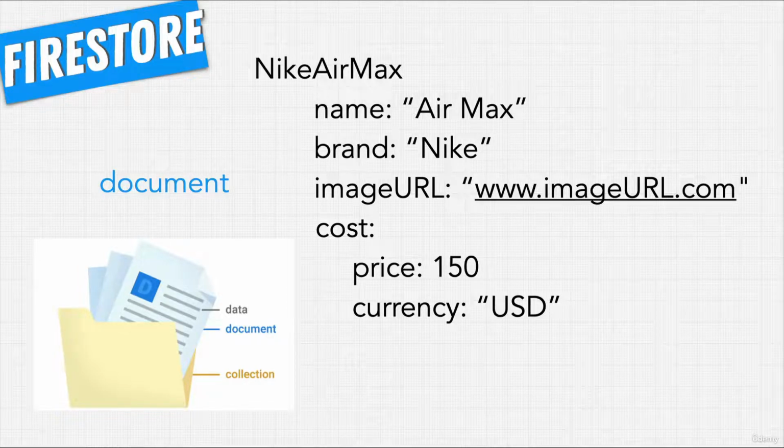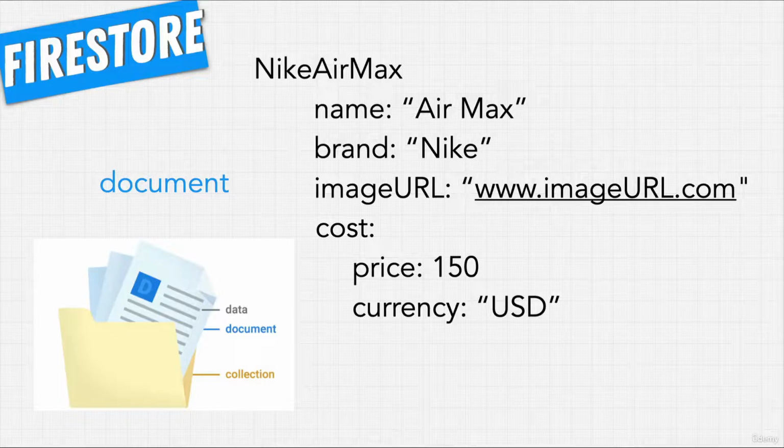Whereas cost here is perhaps a JSON object that has two fields on it, a price, which might be a number, and then the currency that this price is in, so USD, which is a string. So this is something interesting that you want to know about documents, that they're pretty much JSON objects. But this is really just the majority of how our individual pieces of data are going to get stored.